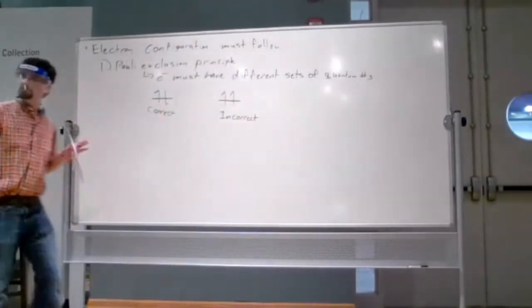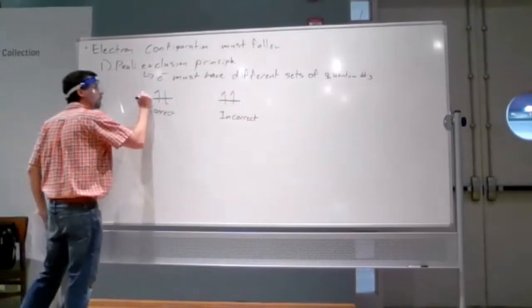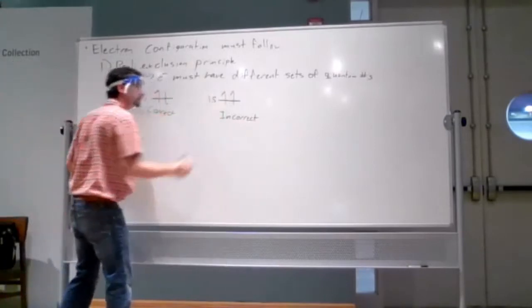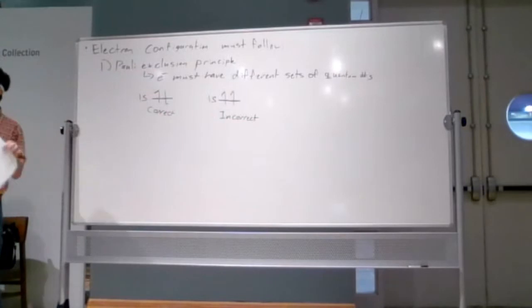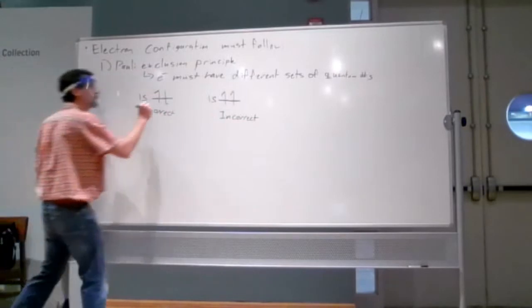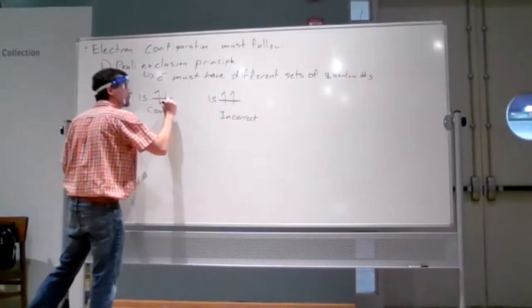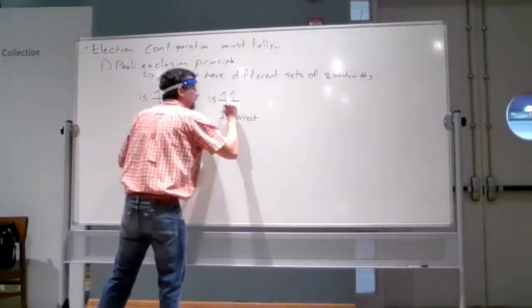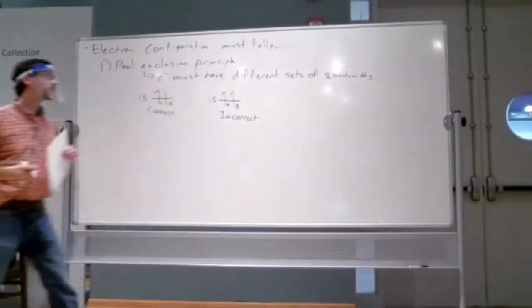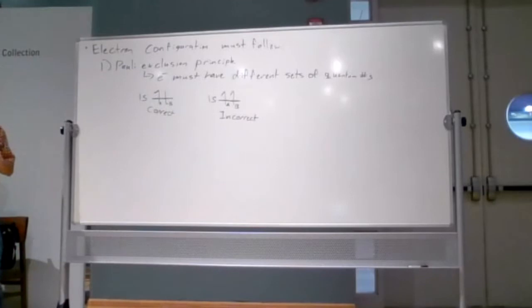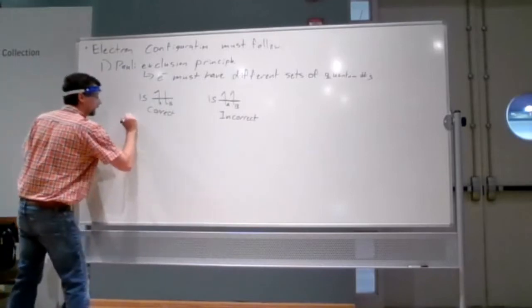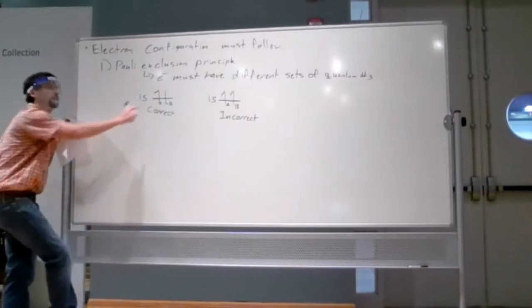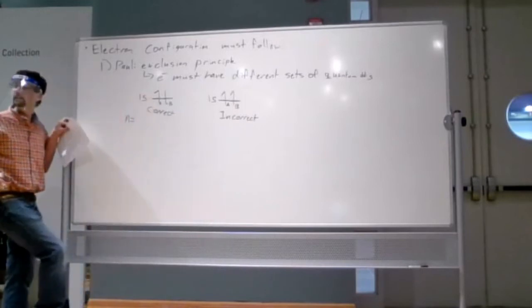Let's, for argument's sake, pretend that this is a 1s orbital. And we're going to label these electrons: this one electron A, this one electron B. So, what's my n value for this electron? 1.